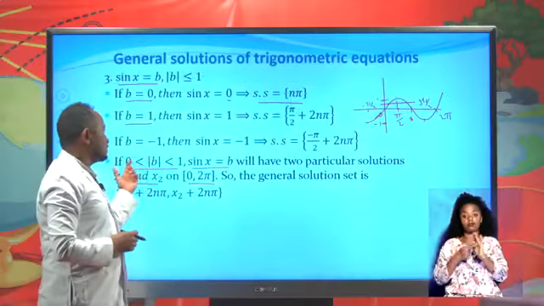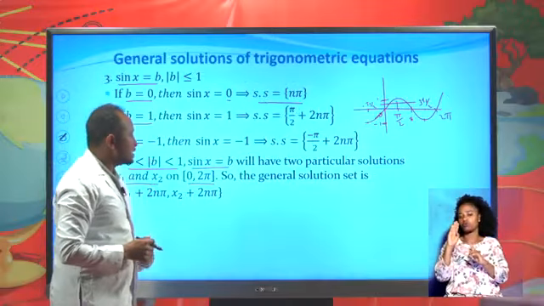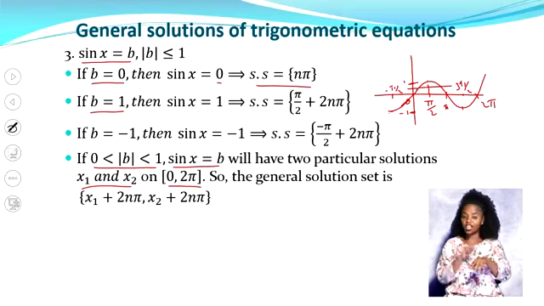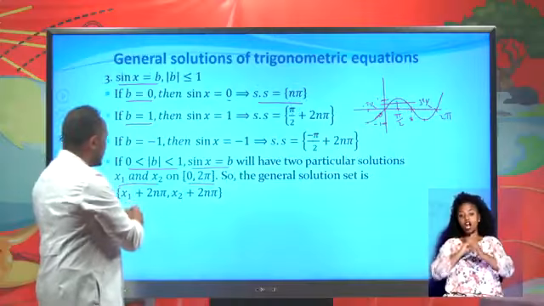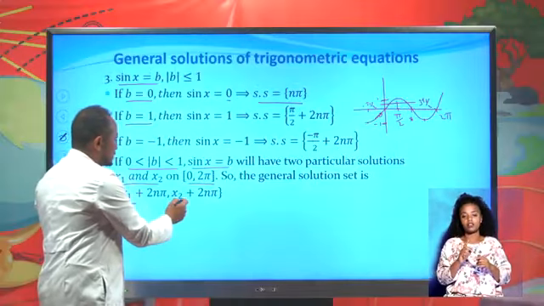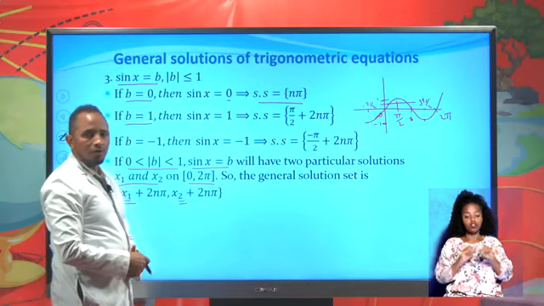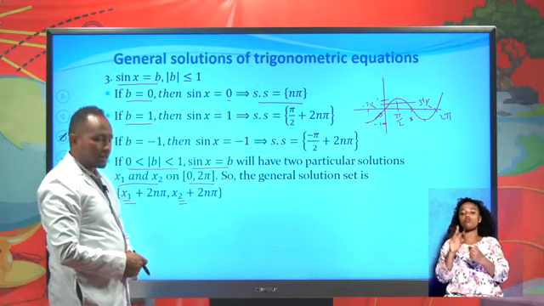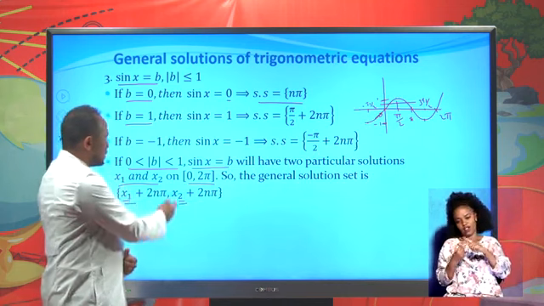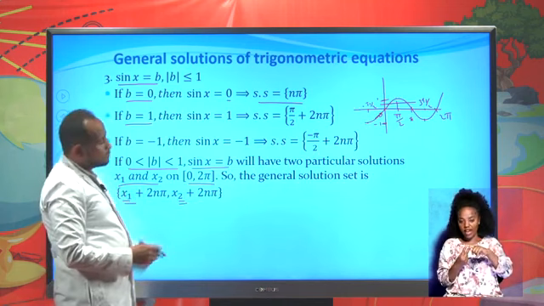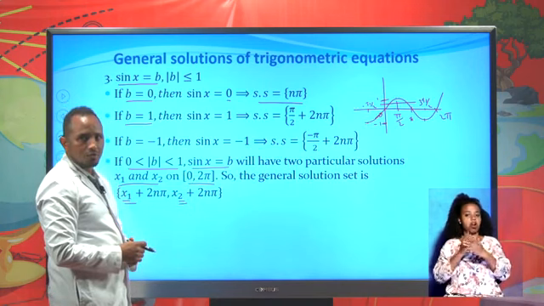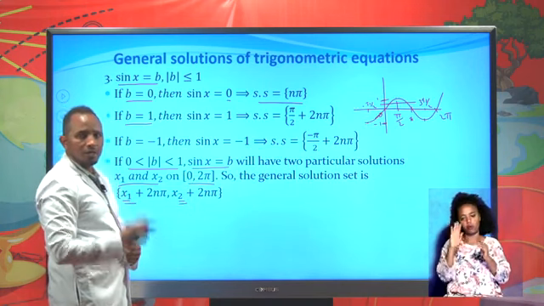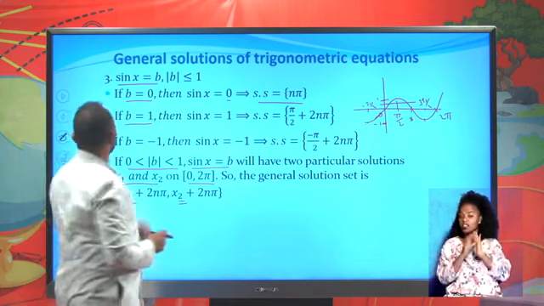Absolute value of b is between 0 and 1. So in this case, you have two particular solutions, x1 and x2 on this interval. So the general solution will be the particular solutions plus a multiple of 2 pi. So therefore, x1 plus 2n pi and x2 plus 2n pi will be the general solution for such expression sine x equals to b. So let's see example for this explanation.